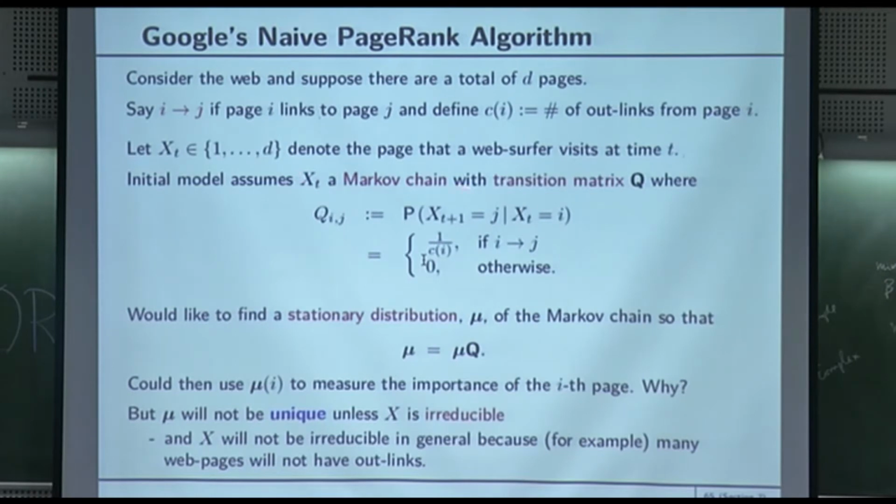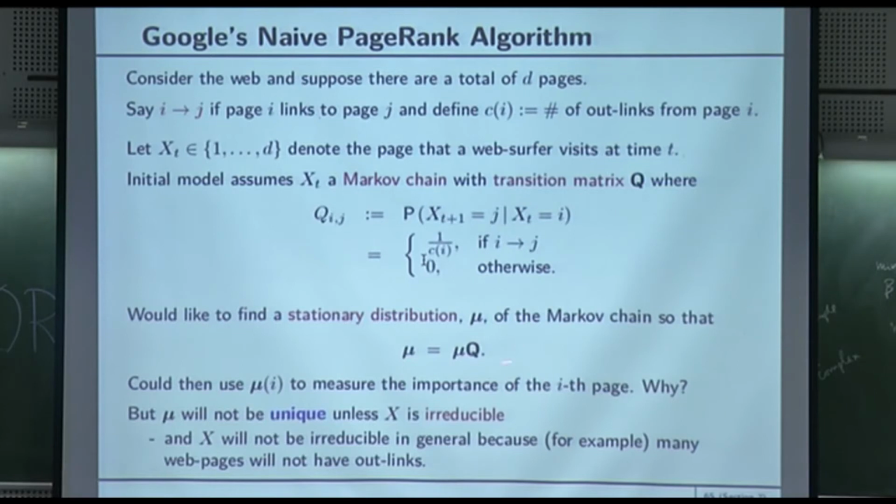Now if this is a Markov chain, you can try to compute its stationary distribution. And what's the stationary distribution? It's a distribution over these pages, mu, such that mu is equal to mu times Q. It's stationary under the Markov chain. There are problems with this, and we'll come to them in a moment. Then we want to argue that I can use the stationary distribution as the importance of page i.